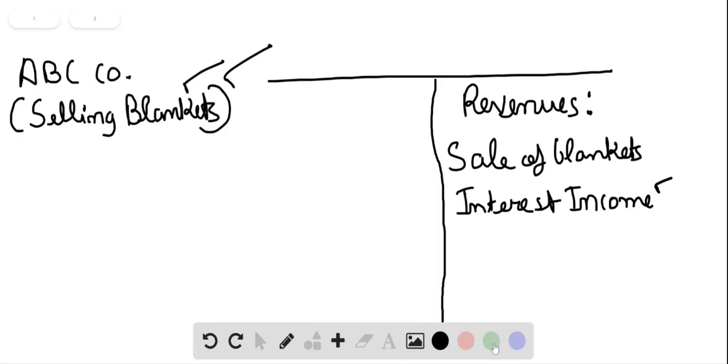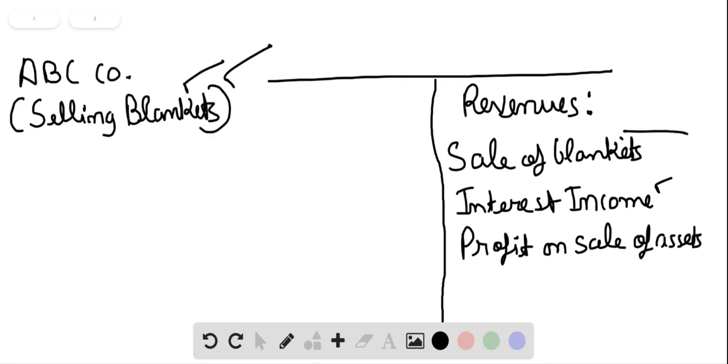In addition to it, we have profit on sale of asset, and likewise many items. So in business, generally these components give rise to the revenue for the business.